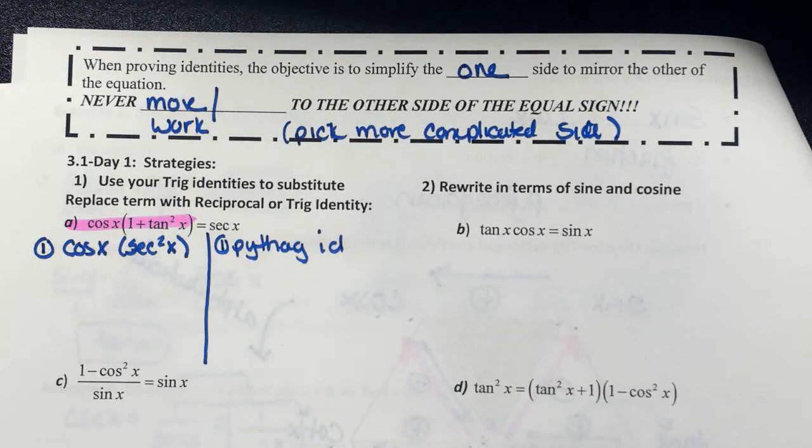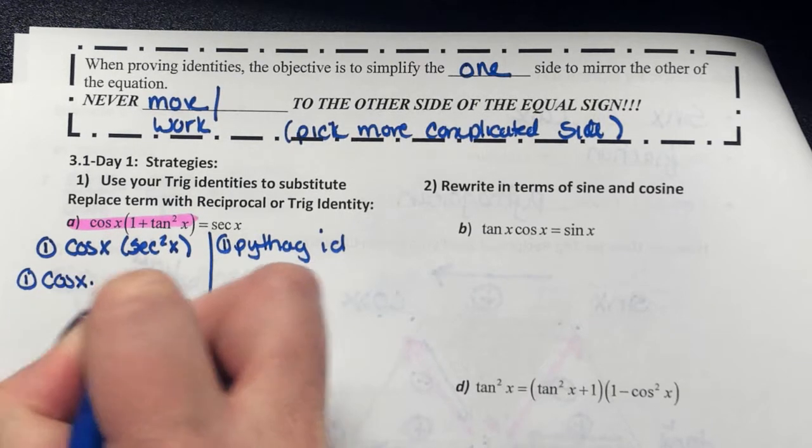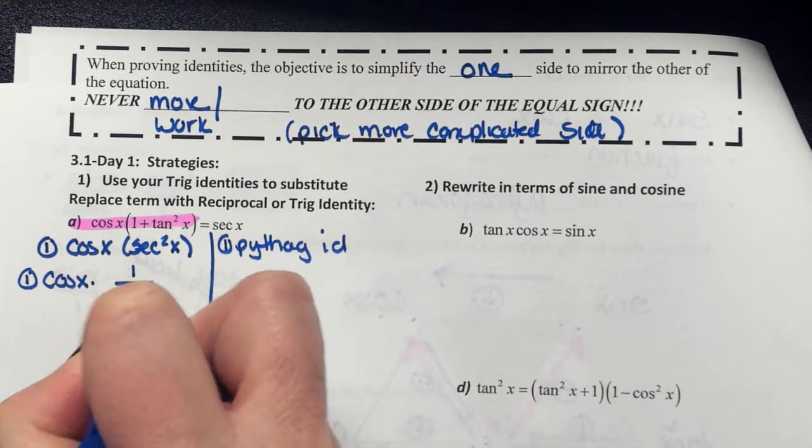So now, what we just practiced a few minutes ago, try changing everything into sine and cosine. I do have a cosine. How can I change secant squared into a cosine? What is secant squared equal to? 1 over cosine squared. So I have cosine x times 1 over cosine squared x.